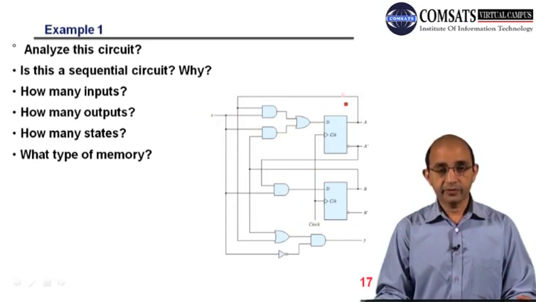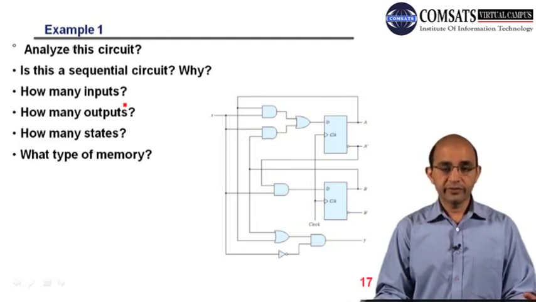Here we have used flip-flops that are functioning as memory elements. We have 2 outputs from each flip-flop. This is A and this is A bar, this is B and B bar, and this is the clock pulse.